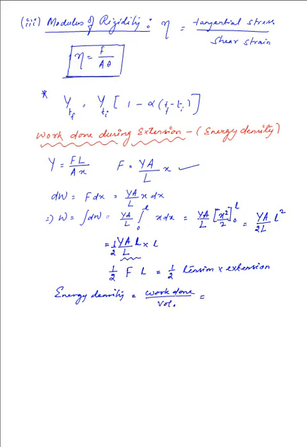So work done per unit volume, that is half of F times l divided by A into L, which is the total volume of that substance. So the L's get cancelled out. What we are left with is half of F by A. The l's remain as such.